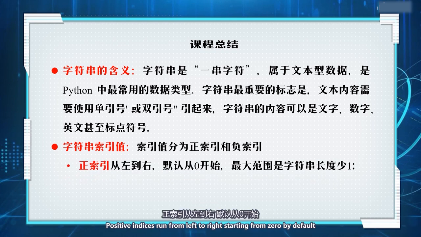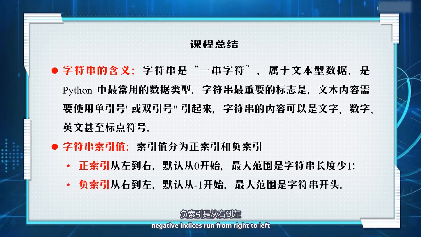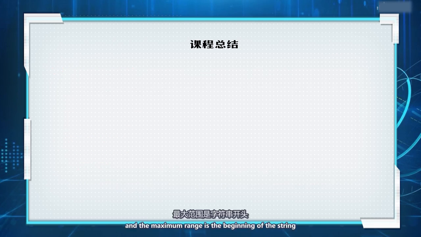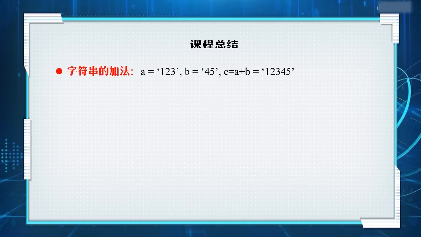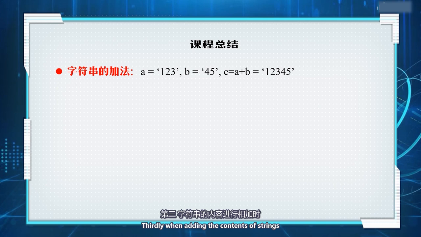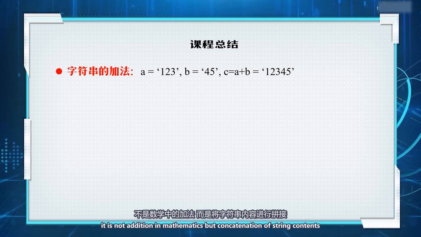Positive indices run from left to right, starting from 0 by default, and the maximum range is 1 less than the length of the string. Negative indices run from right to left, starting from -1 by default, and the maximum range is the beginning of the string. Thirdly, when adding the contents of strings, it is not addition in mathematics, but concatenation of string contents.